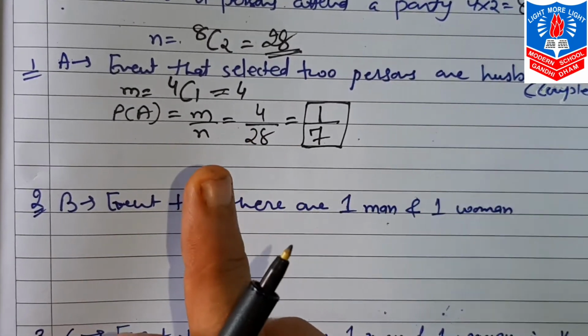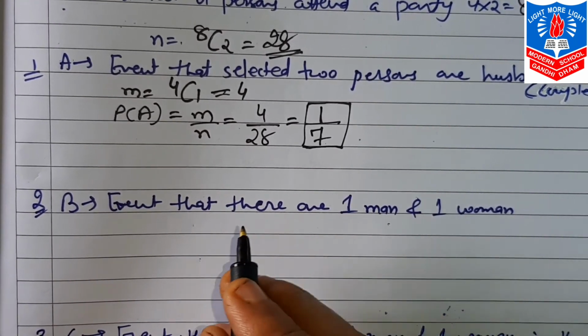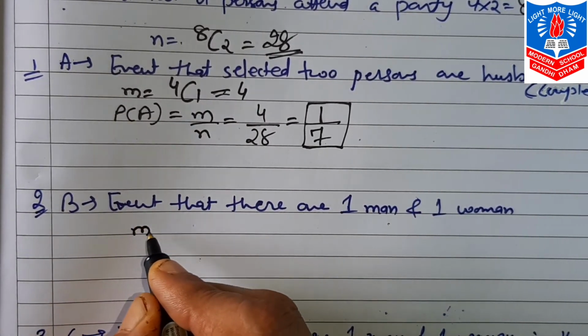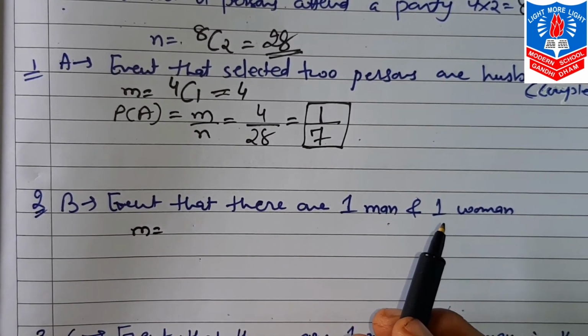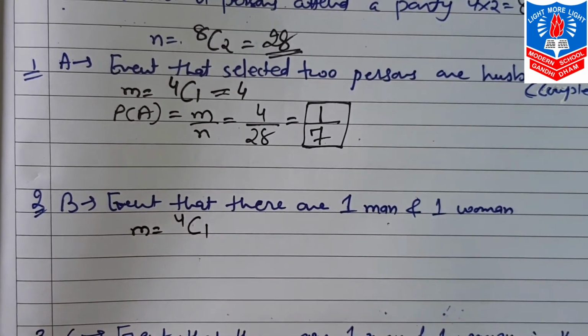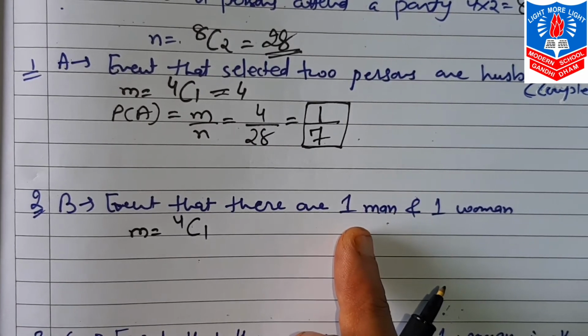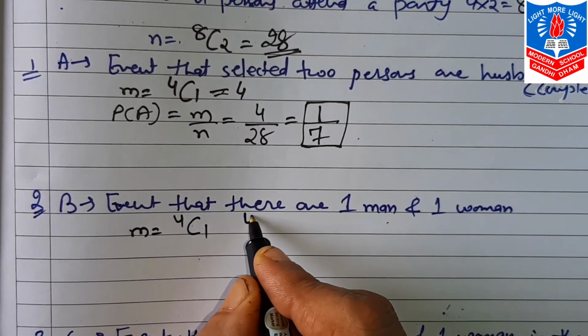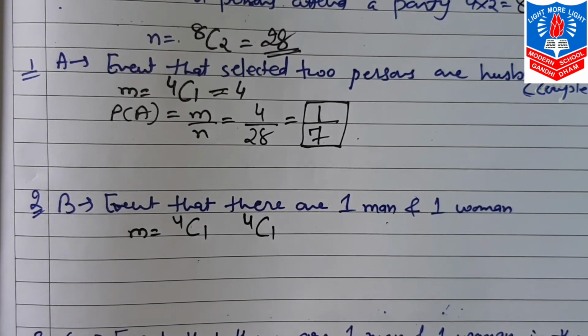In the first one, husband and wife were there, so we took from 4. n will be common, the same 28, but m will be: because it is 1 man and 1 woman, there are 4 men, from which we select 1, and 4 women, from which we also select 1 woman.